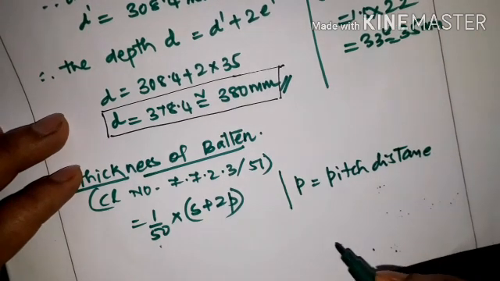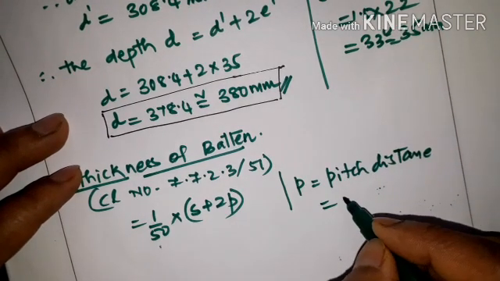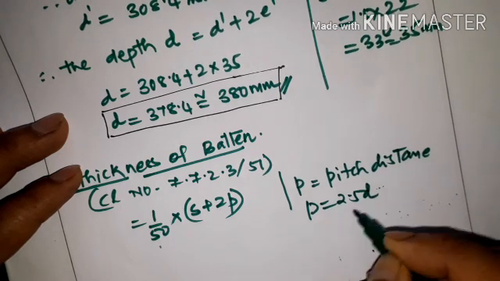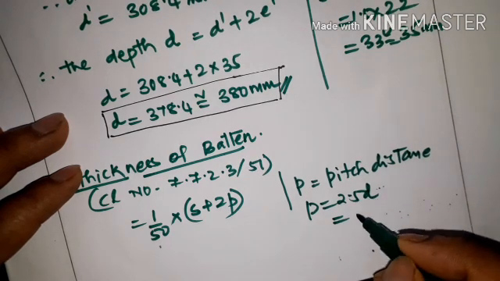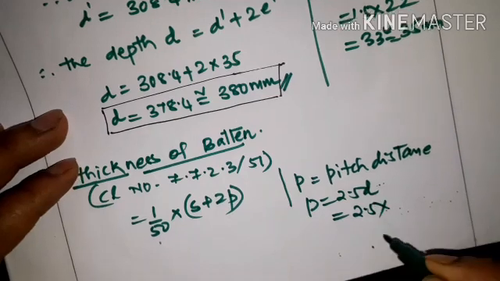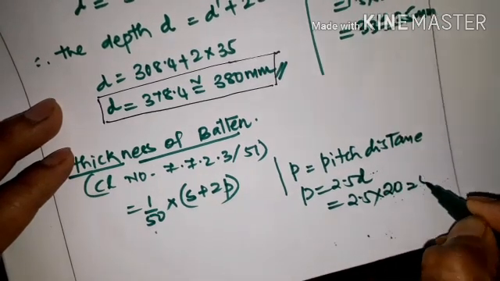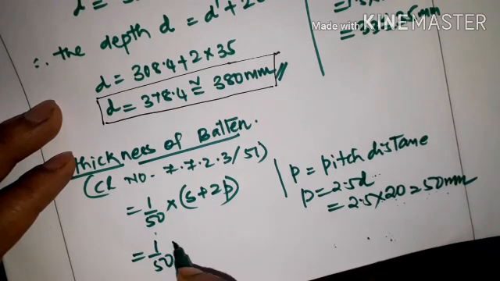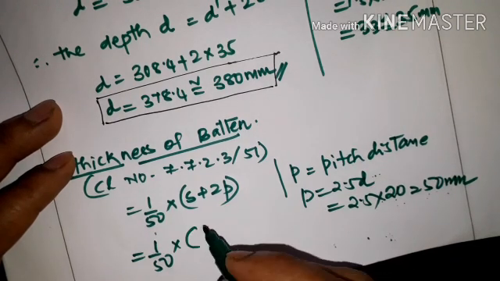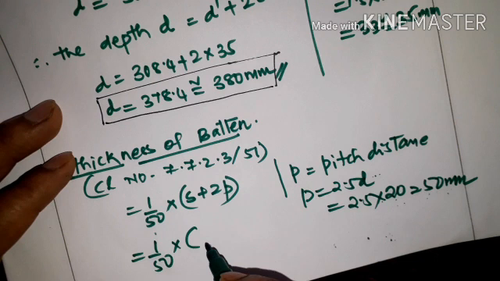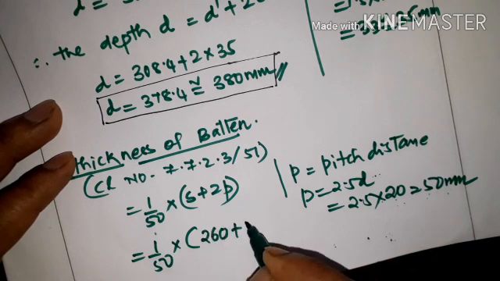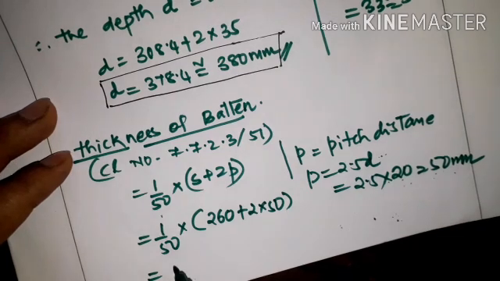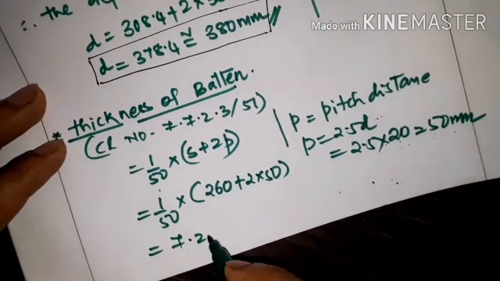We can take p as 2.5 times d, so 2.5 times 20, that is 50 mm. So 1/58 of 260 plus 2 times 50, we get 7.2 mm.